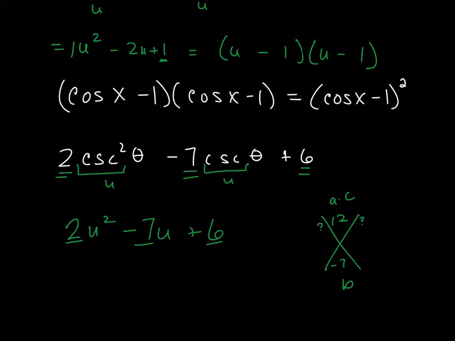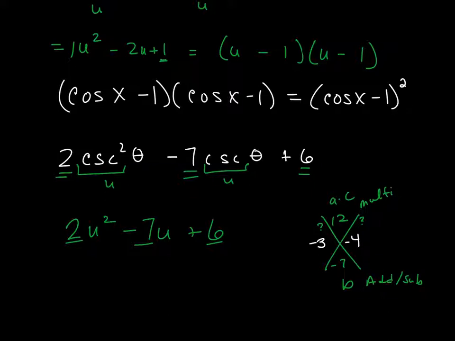Two numbers that at one time will multiply to equal 12, and at the same time add or subtract to equal negative 7. Well, those two numbers are going to be 3 and 4. But because I need them to become a negative 7, they both need to be negative.